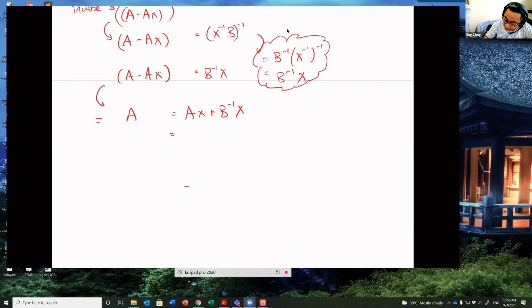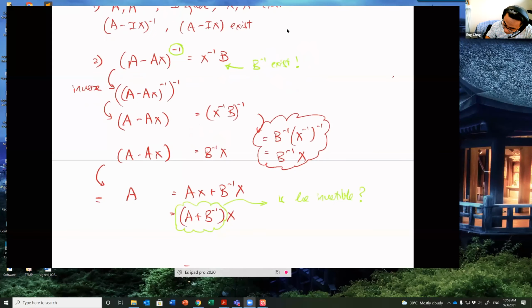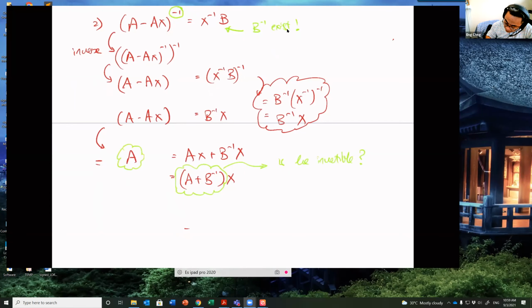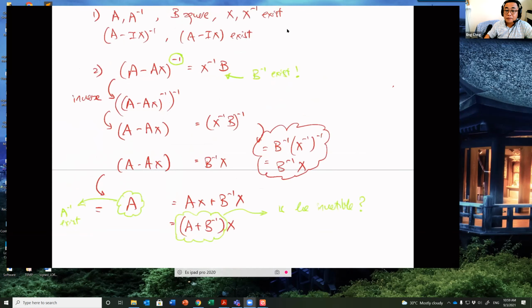Now we will collect all the X. And now the question is, we want to throw away this guy. But to throw away this guy, we must say, is he invertible? But we are told, right? He is invertible, right? A minus 1 exists from the question.